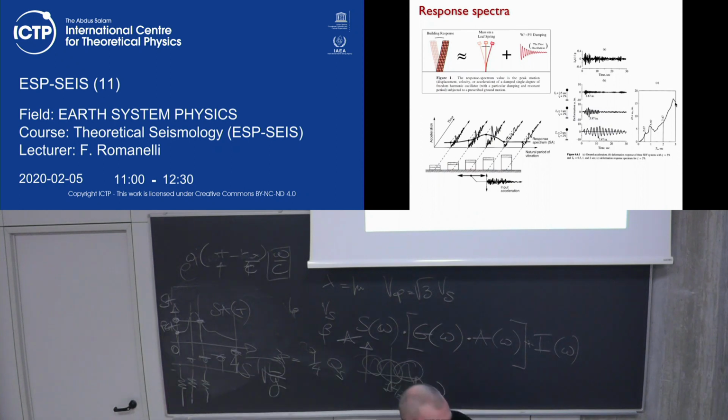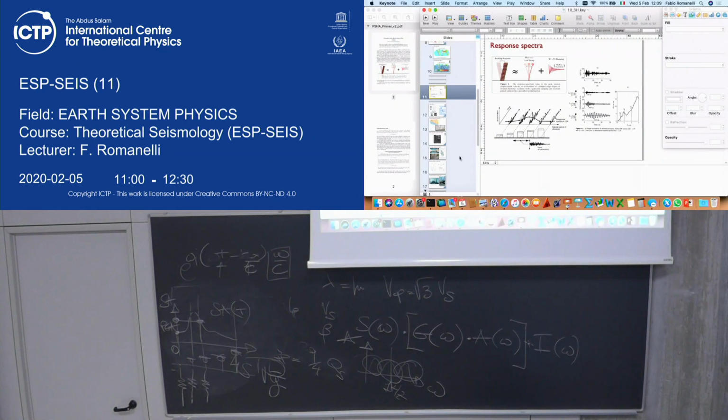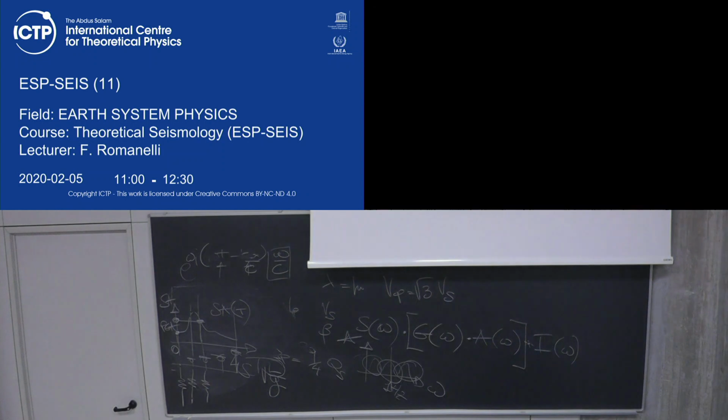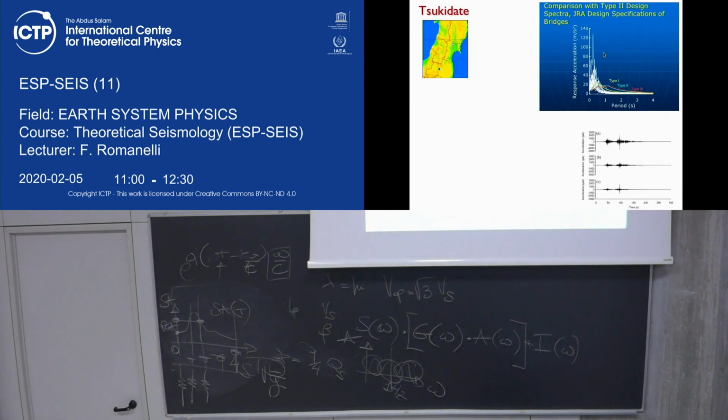Now, jumping back and forth in this terrible lecture, actually we're just a few slides far from the end, now you do understand this, I hope, because that is response acceleration. And if you look at these curves here, they are coming from the Tohoku event.